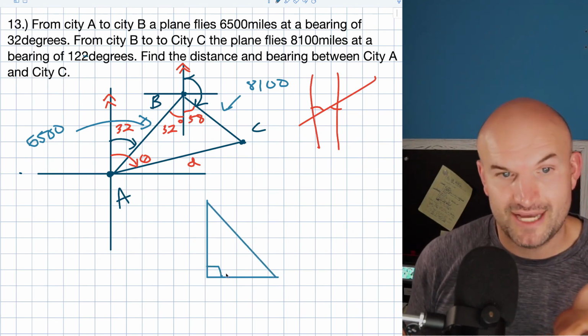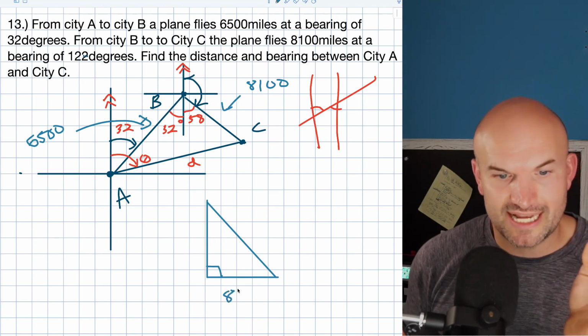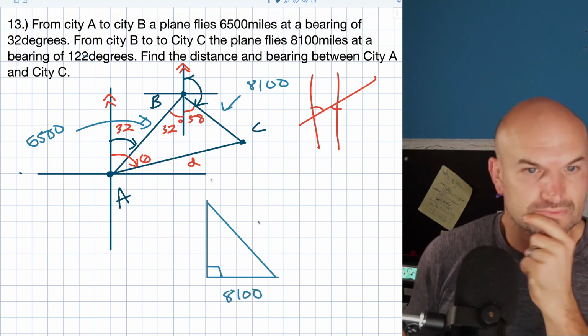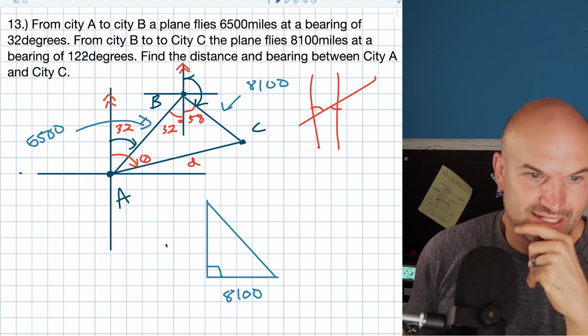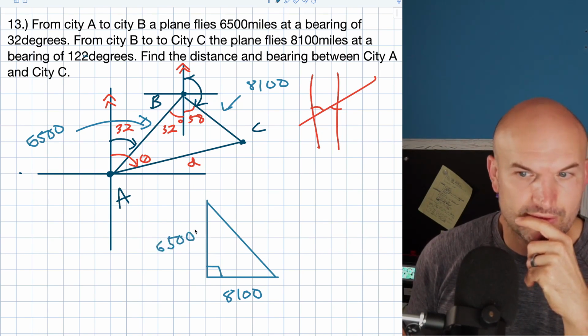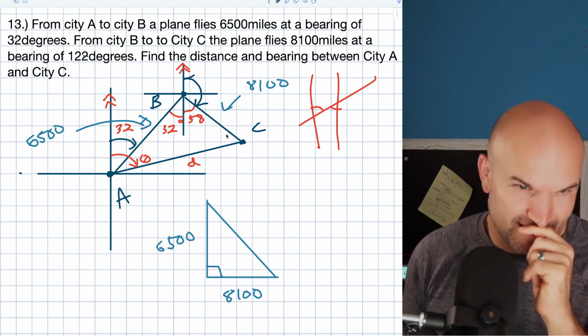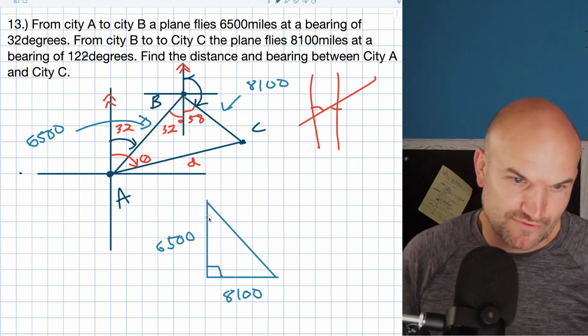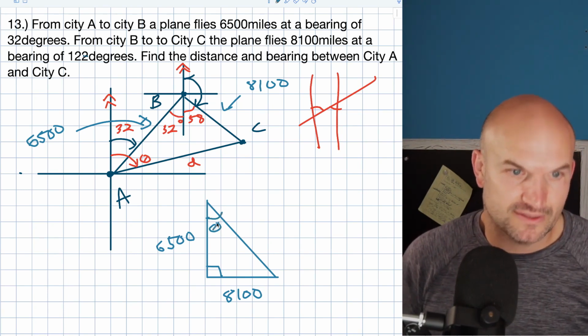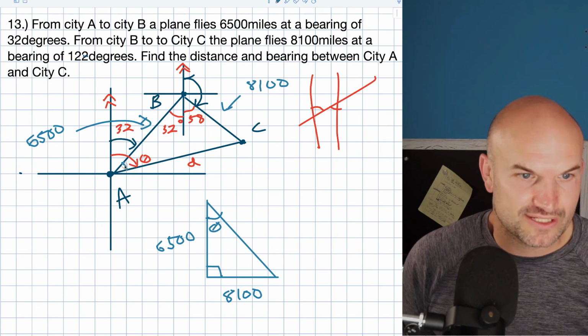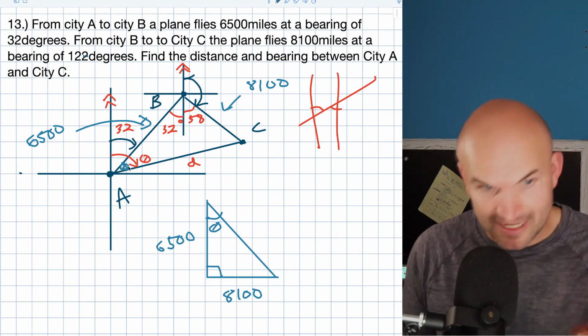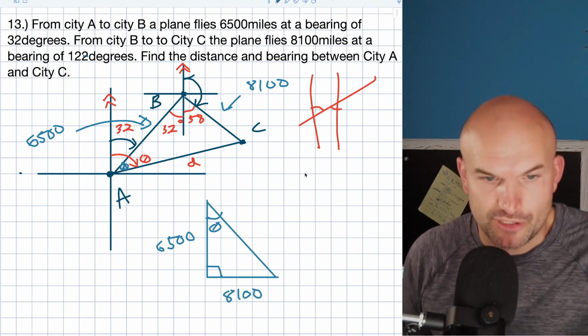That's 90. So this one is 8,100, and this side is 6,500, and this angle is 90. So we're looking for this angle, which is going to be theta. I want to figure out what that sliver is, that theta, because if I can figure out theta, I just need to add it to 32 and I'm good.